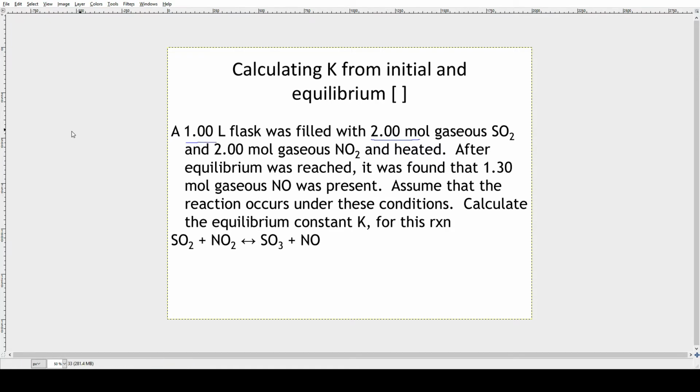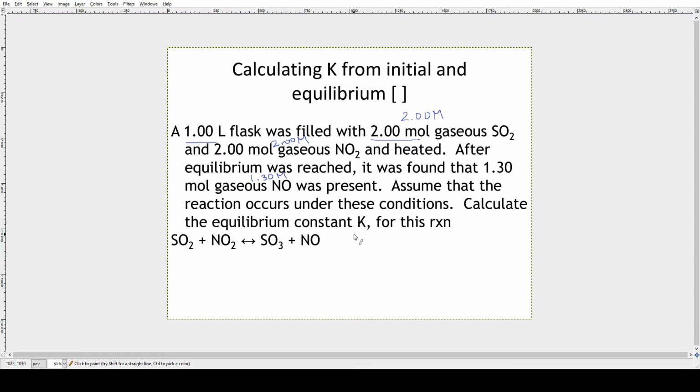Since it's only 1 liter, that's kind of nice. I know that this is the same thing as 2 molarity, and this is also going to be 2 molarity. And 1.3 moles of gaseous NO is going to be 1.30 molarity. I got this because I'm dividing them all by 1 liter, so the numbers stay the same.